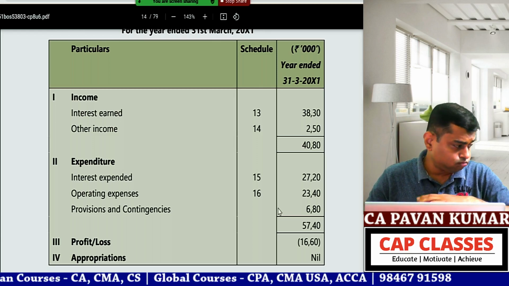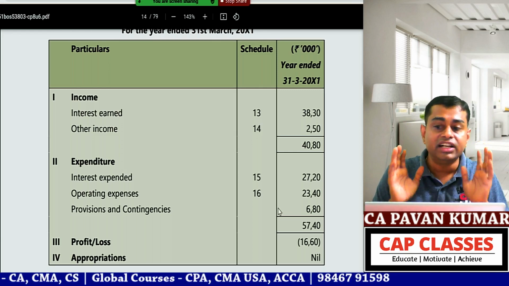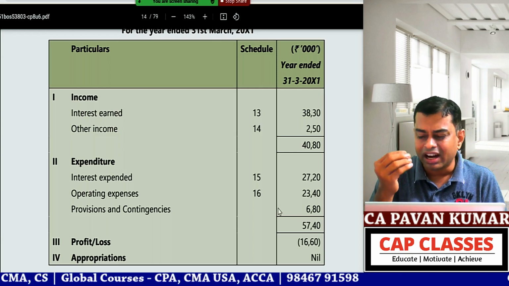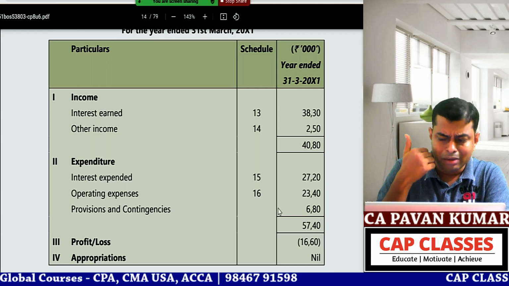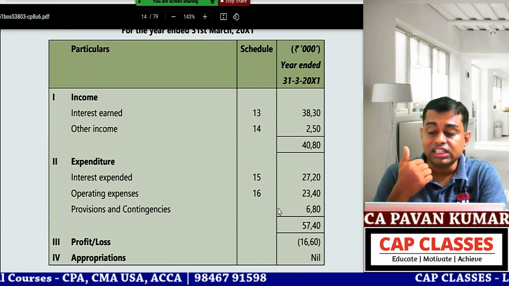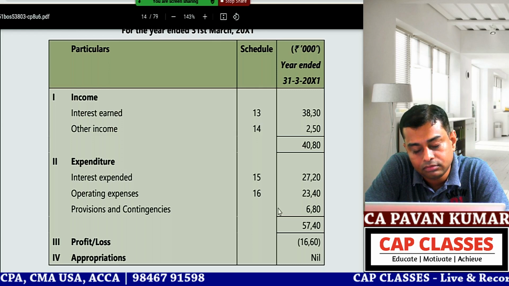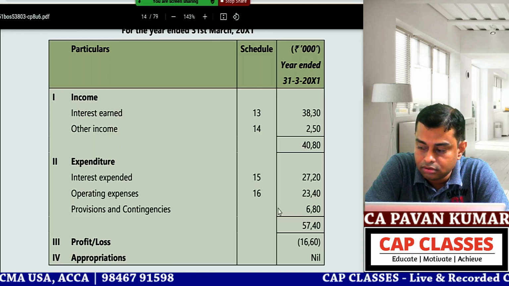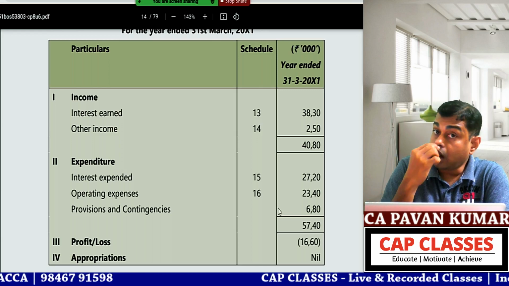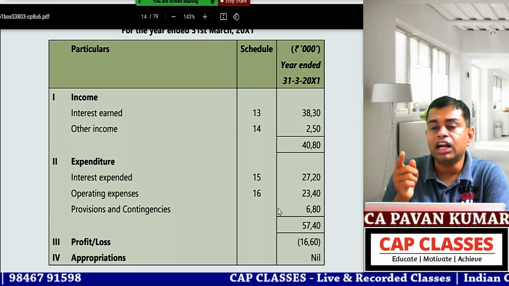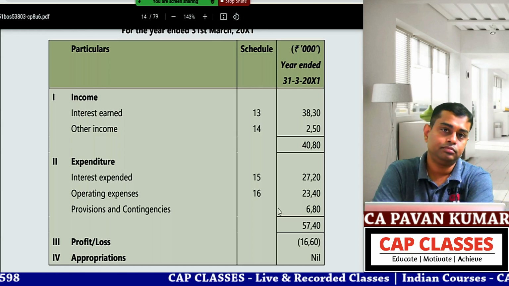Now tell me, in this question how many working notes have we done? I know I am exceeding time, but please excuse me, another 2-3 minutes. Let us try to remember important points. Point number 1, from the other information: working note 1 is interest on term loans, cash credits and other loans, the income earned.